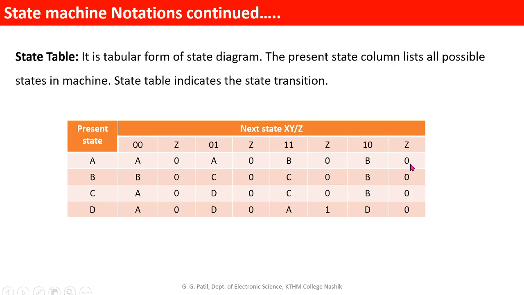So in this way, all possible states are listed in the state table, which completely represents the state machine. The tabular form of the state machine is the state table.